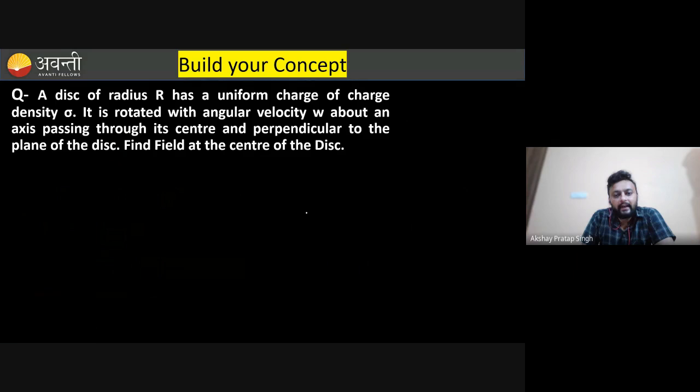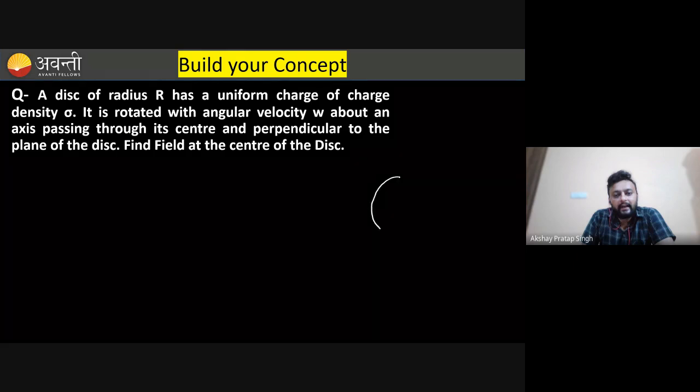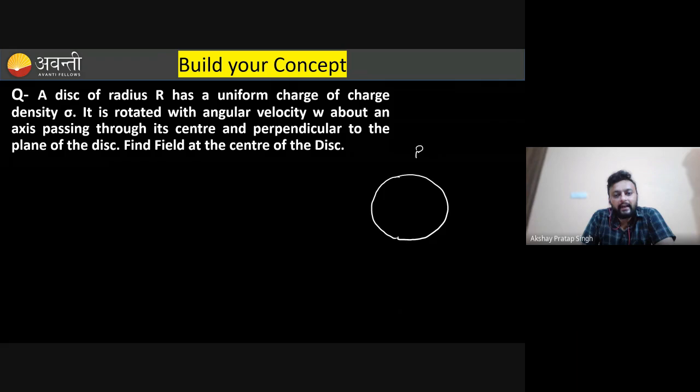it says a disk of radius r has a uniform charge density sigma. So look at that. Let's suppose there is a disk which has a radius r, and the charge is uniformly distributed on its surface like this.